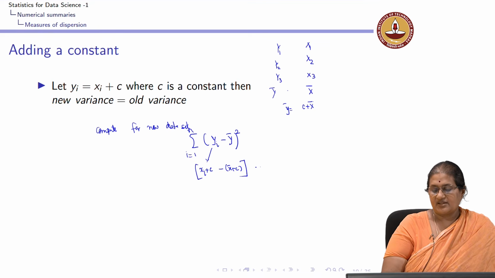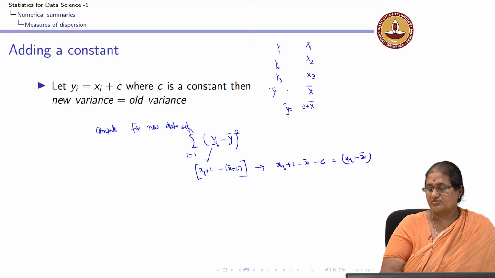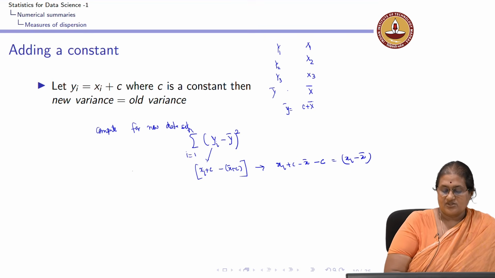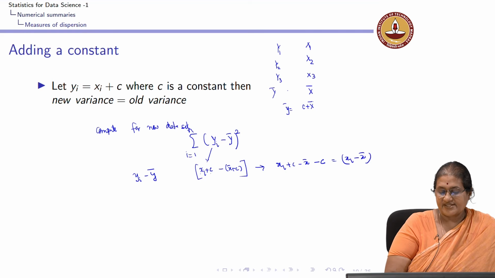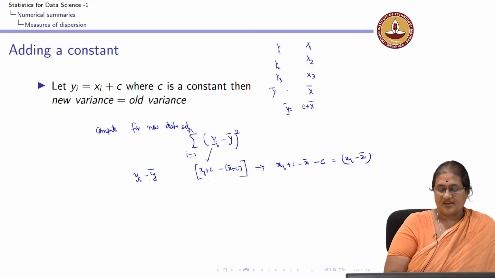So yi minus y bar is xi plus c minus x bar minus c, which is the same as xi minus x bar. Is that clear? These two c terms cancel out and I get xi minus x bar.